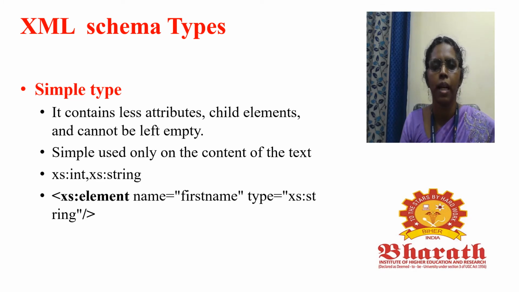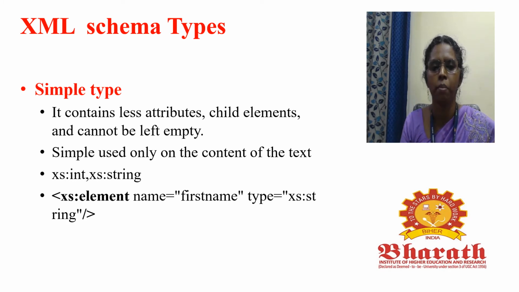In the simple type, we have fewer attributes as well as child elements, but none of the child elements will be empty. Here we are using the element xs:element, and the name of the element is first name. That element should be of type string.